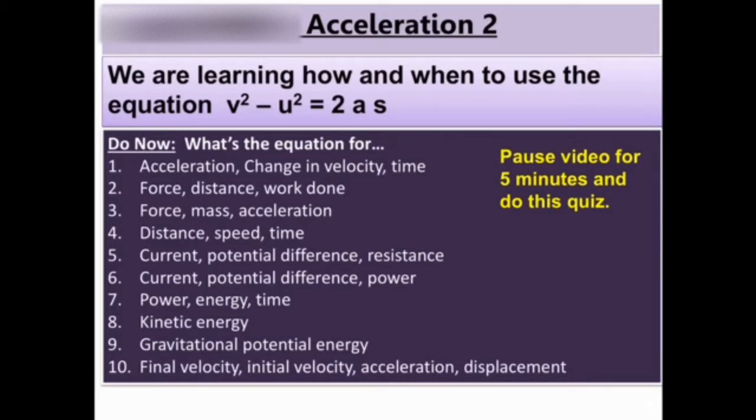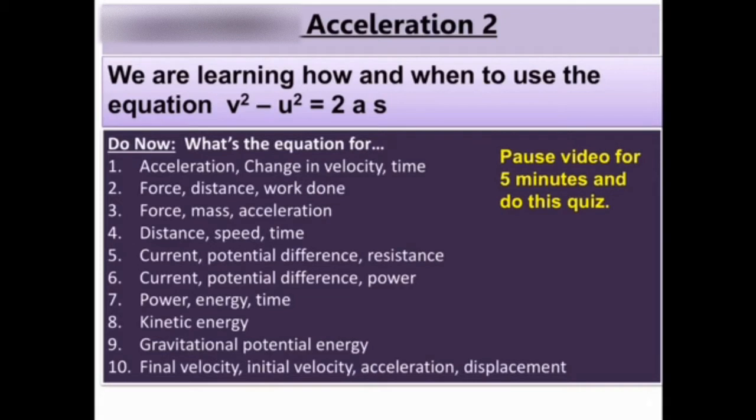Number 4, distance equals speed times time, or you might have said speed equals distance divided by time. Number 5, potential difference equals current times resistance. Number 6, power equals current times potential difference.